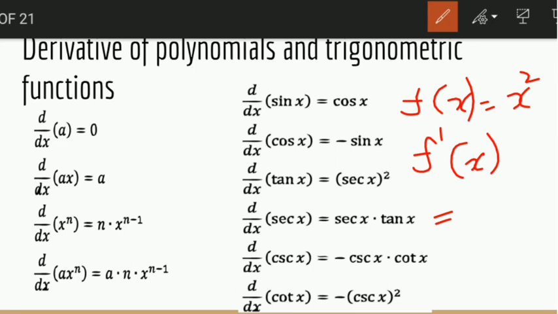Here n is 2, so 2x power 2 minus 1, that is 2x. Yes, it's that easy. So that's how you find it for any polynomial like x square, x cube, x power n, and this is quite important for you.